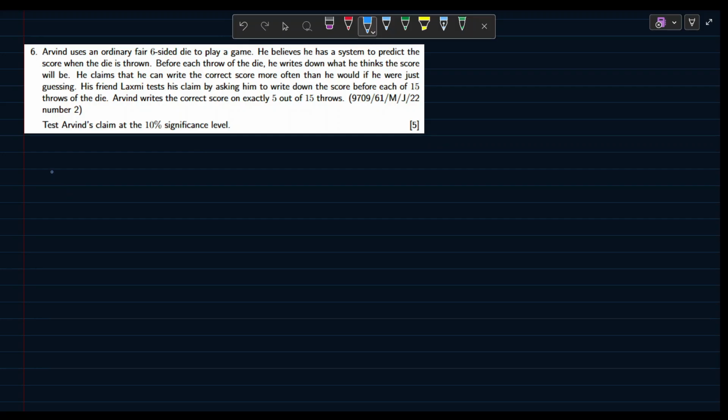Alright, so let's define our random variable x. This is going to be the number of correct scores for Arvind, and x follows a binomial distribution, and our sample size is 15 throws.